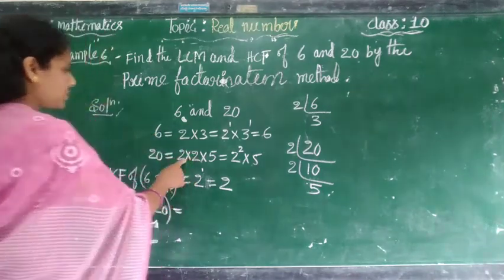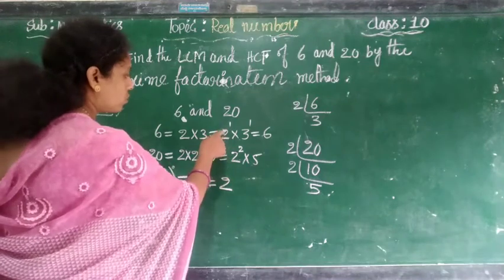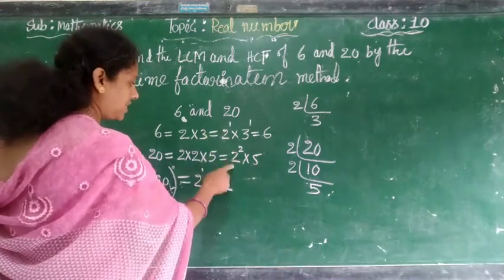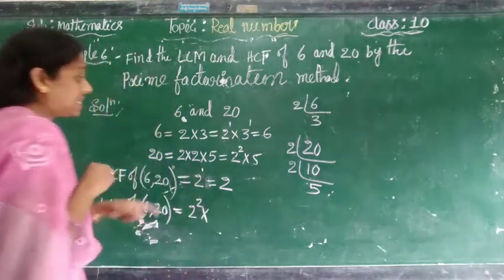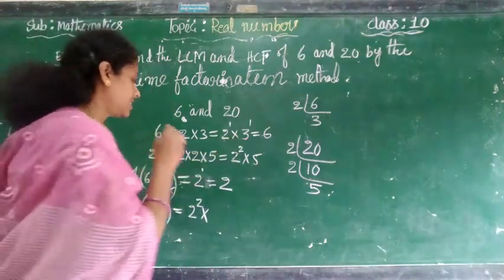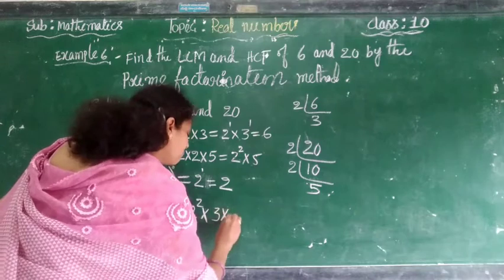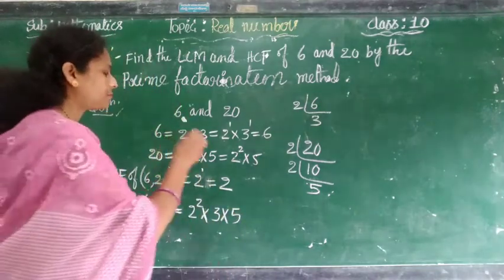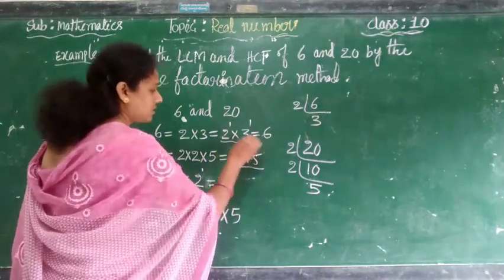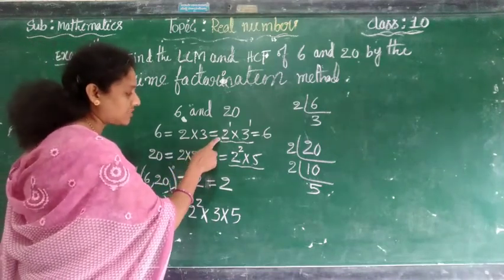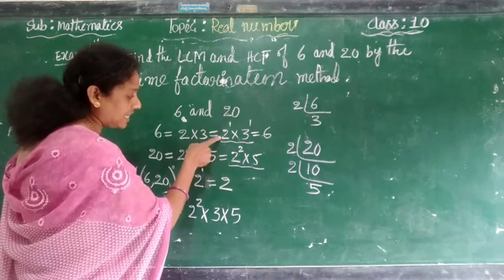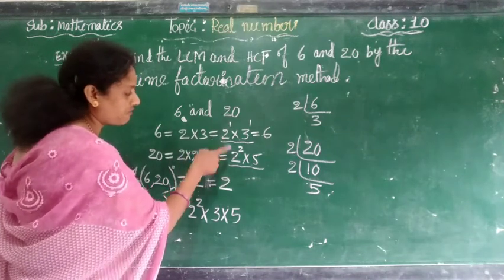So 2 to the power of 1 and 2 to the power of 2: the highest power is 2 to the power of 2, and the remaining numbers are 3 and 5. Once again, HCF means the smallest power of each common prime factor.